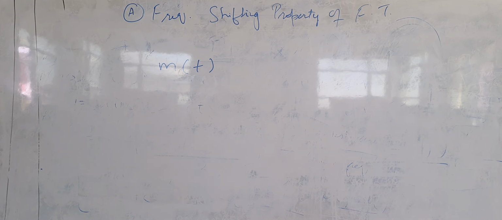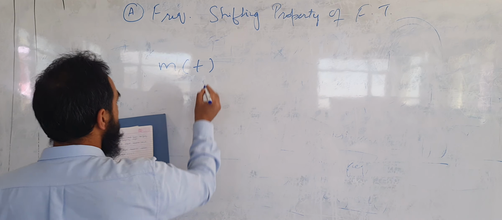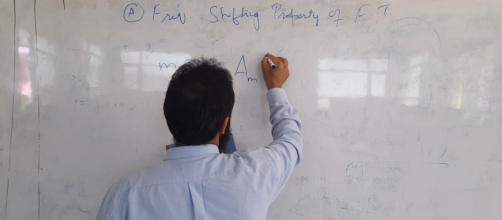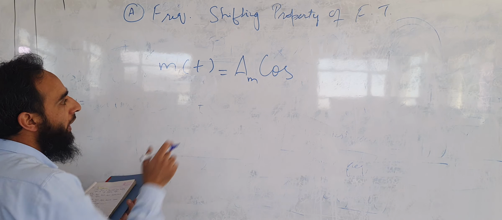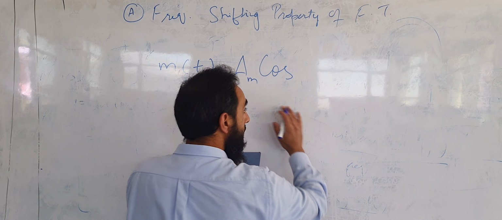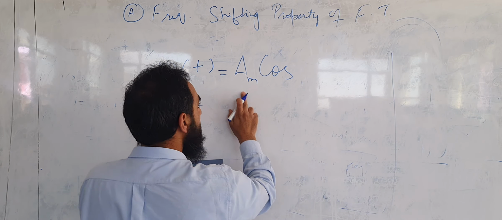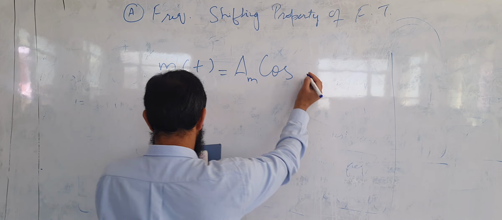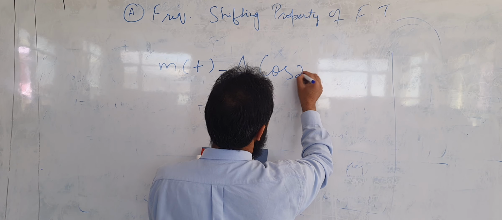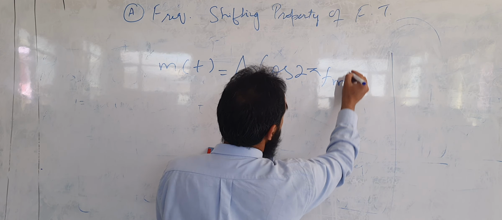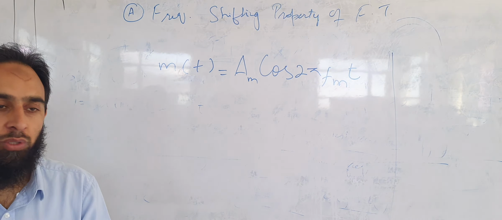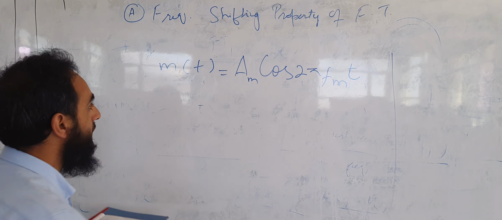So if it is denoted by an expression, m of t equals A_m cos(2 pi f_m t), where A_m is the message signal amplitude and f_m is the message signal frequency. Okay, इसका स्पेक्ट्रम कैसा आएगा?